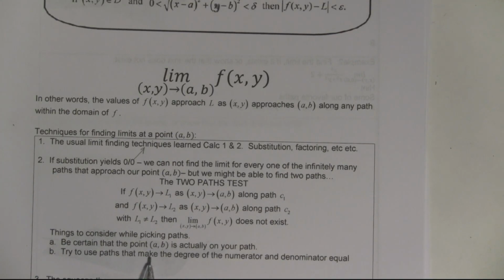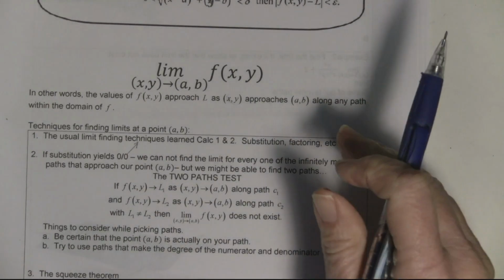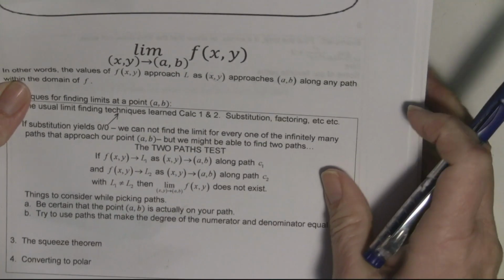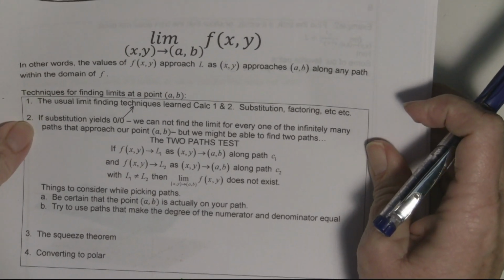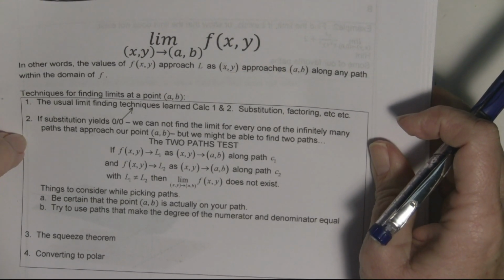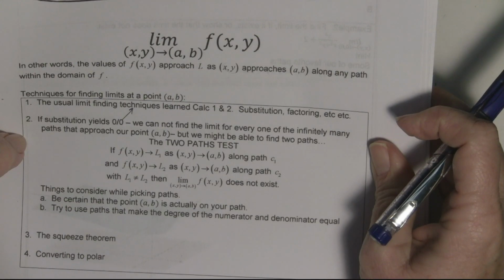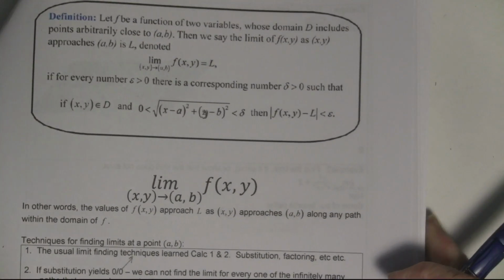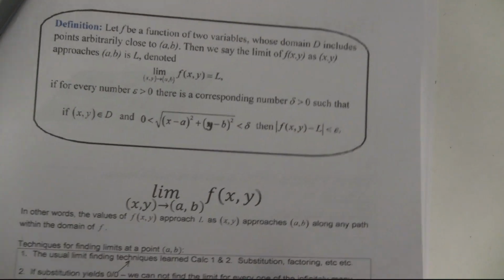Try to use paths to make the degree of the numerator and the denominator equal. And then some other things for proving limits are our friend, the squeeze theorem. And I'm not sure that you converted things to polar coordinates in Calc 2 in order to find limits. It's been so long, I don't remember. But converting to polar coordinates, we'll give a try to that as well.